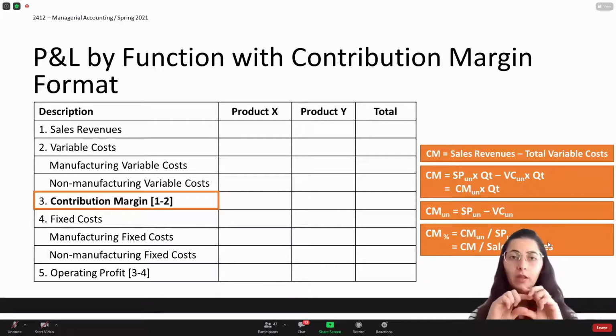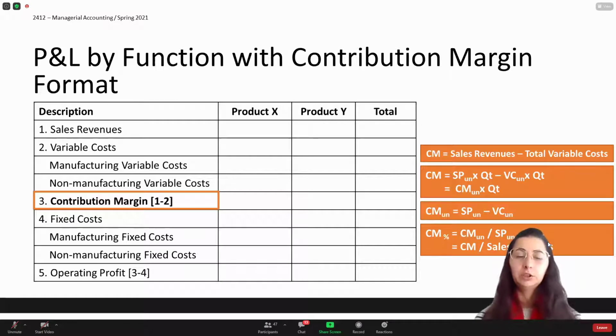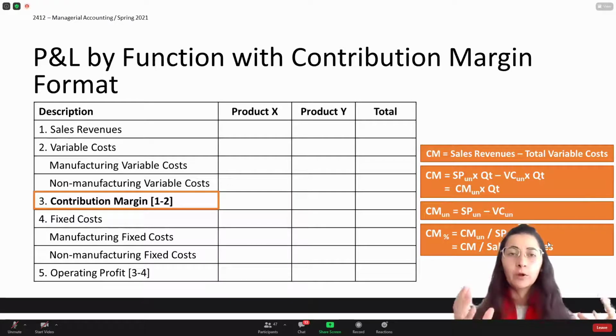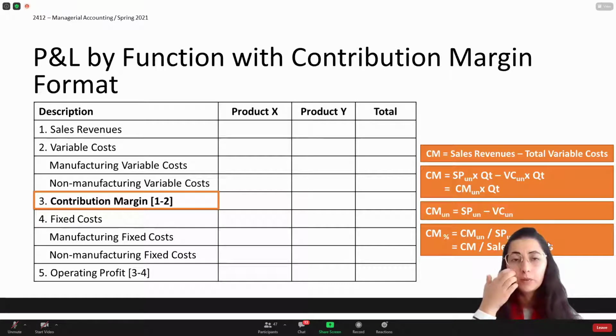So when they have to make decisions in the short term, they can do this analysis and look at the contribution margin in order to decide which products to sell under special circumstances, as we are living at the moment. Okay? Any questions? No?